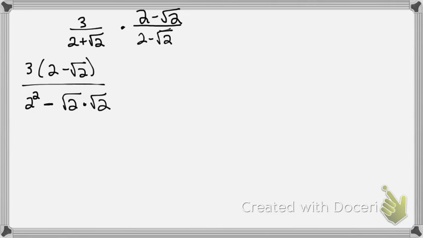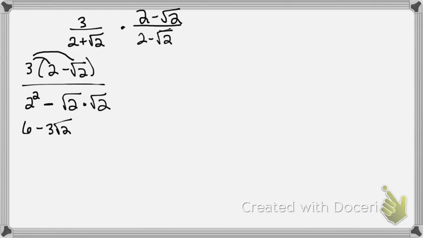So when we go to simplify this, we need to, first of all, distribute our numbers up top. Distribute that 3. Multiply it times 2, then multiply it times the square root of 2. When you do that, that's going to give you 6 minus 3 times the square root of 2.